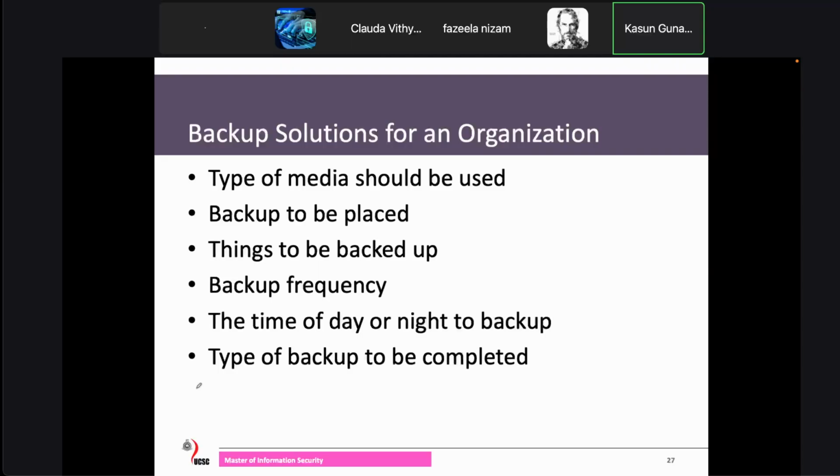When we are going for a backup solution for an organization, there are many things that we need to look at. Starting with what type of media should I use? That is maybe one of the first decisions that we take.